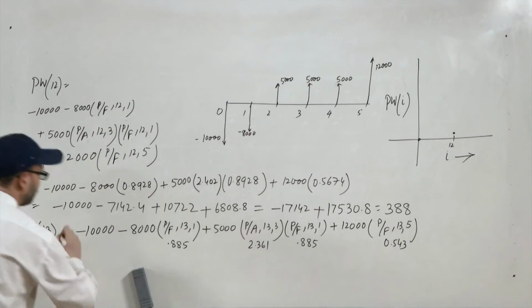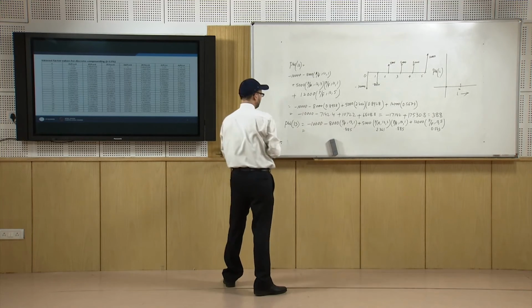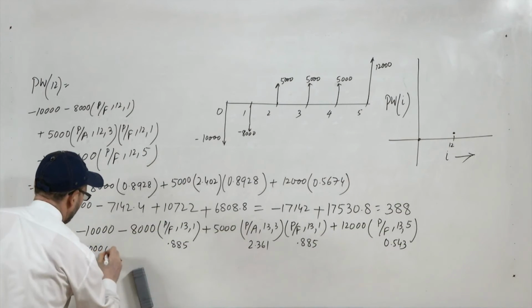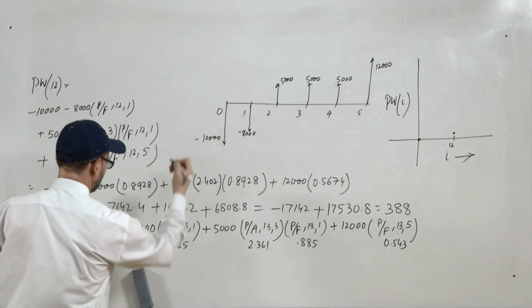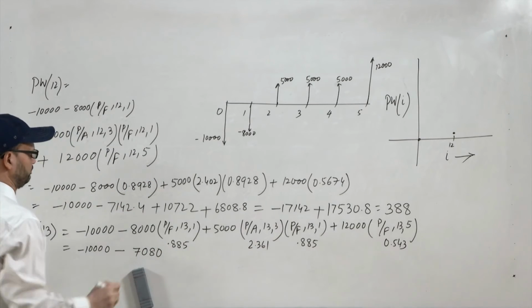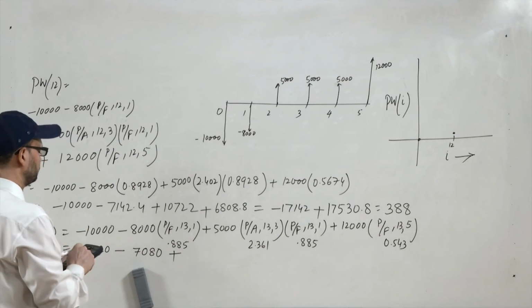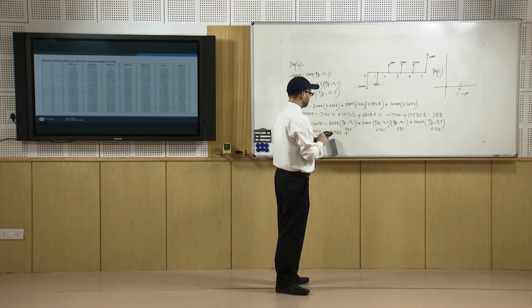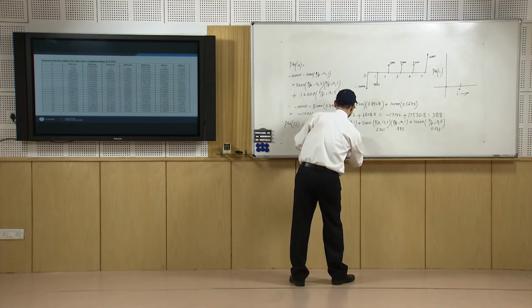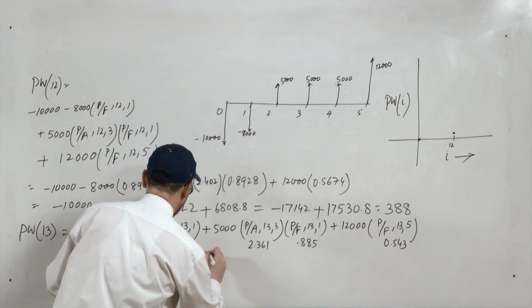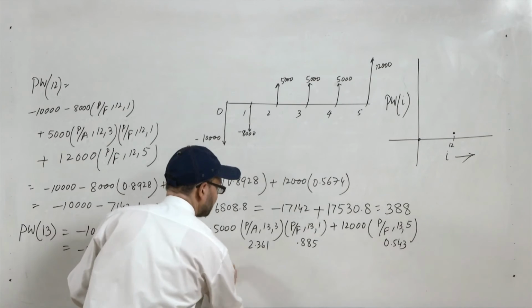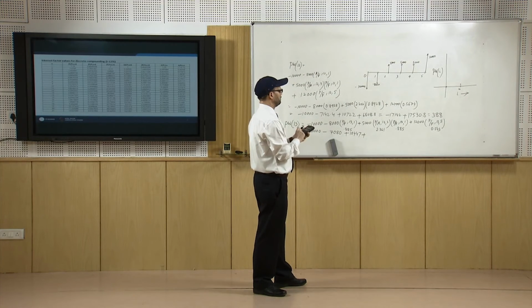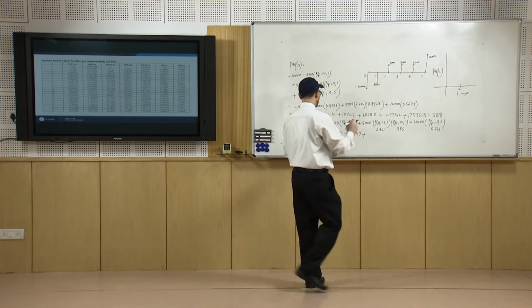So, if we do the multiplication further, we have minus 10,000 minus 7080 plus 5,000 multiplied by 2.361 multiplied by 0.885, so it is 10,447 plus 12,000 multiplied by 0.543, that is 6516.